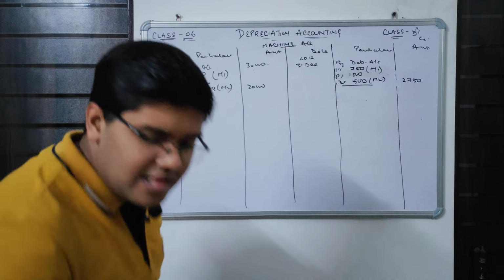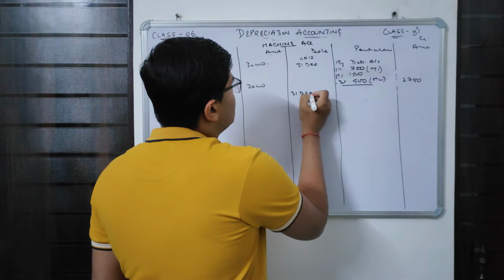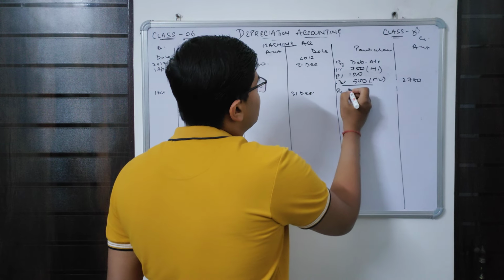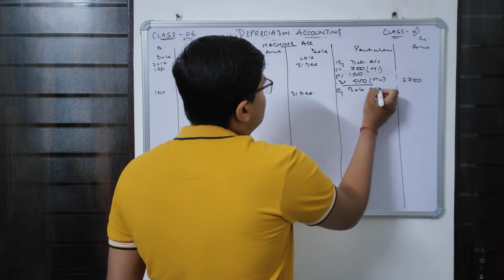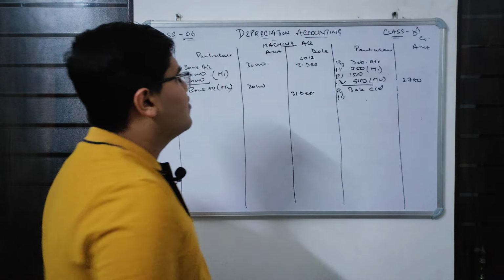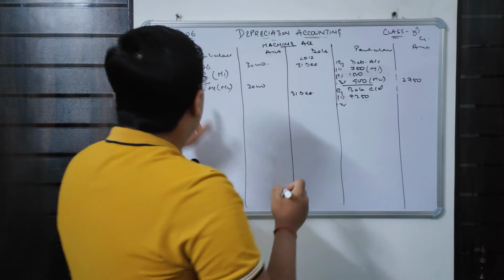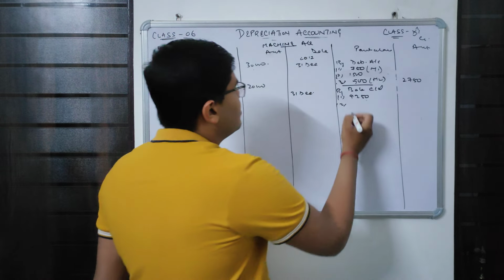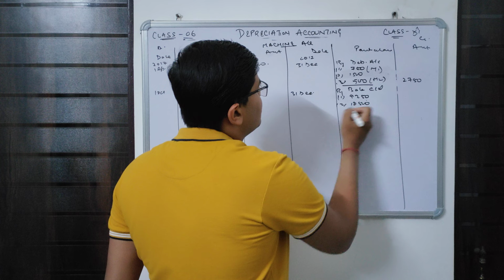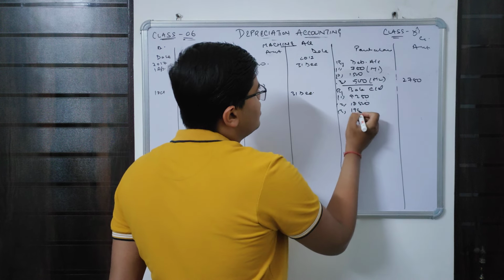Now we can carry the balance carried down on 31st December. So the balance carried down will be 10,000 minus 750, 9,250. 20,000 minus 1,500, 18,500, and 20,000 minus 500, it is 19,500.